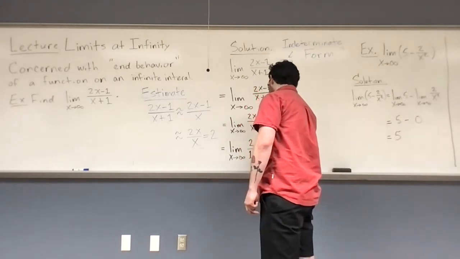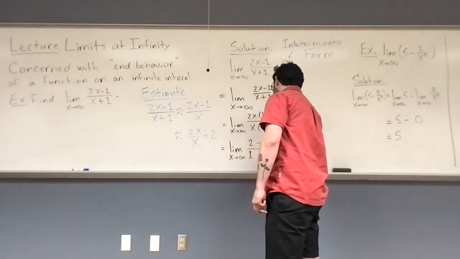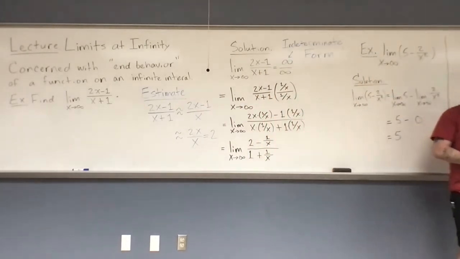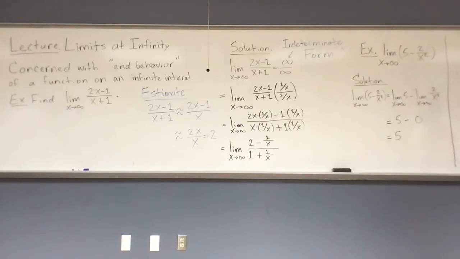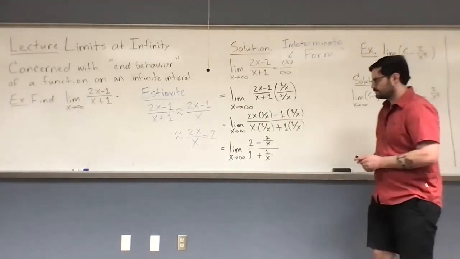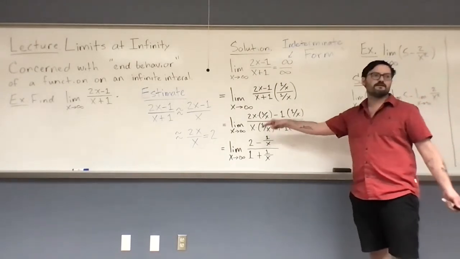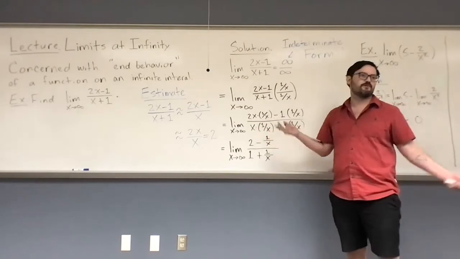And plus 1 over x. Okay? Well, they're divided out, right? x divided by x is just 1.